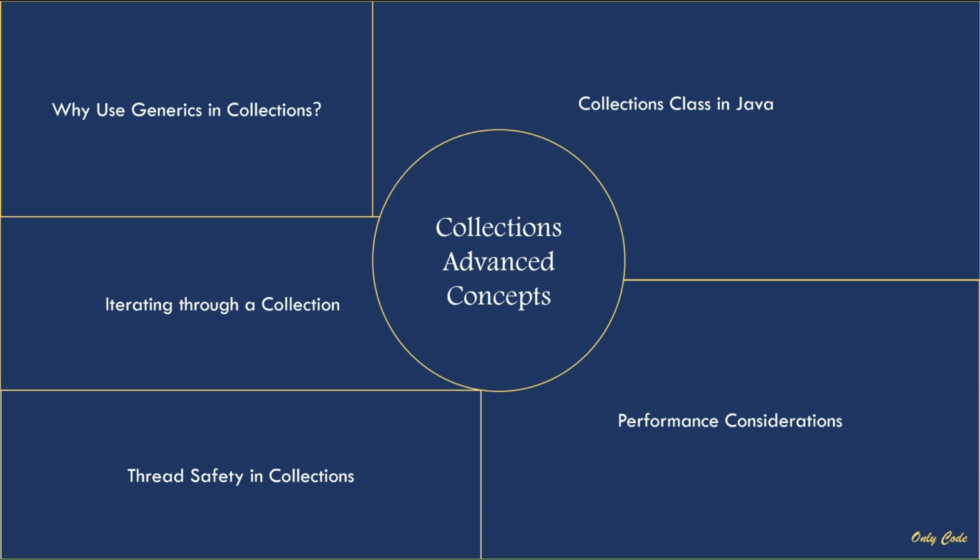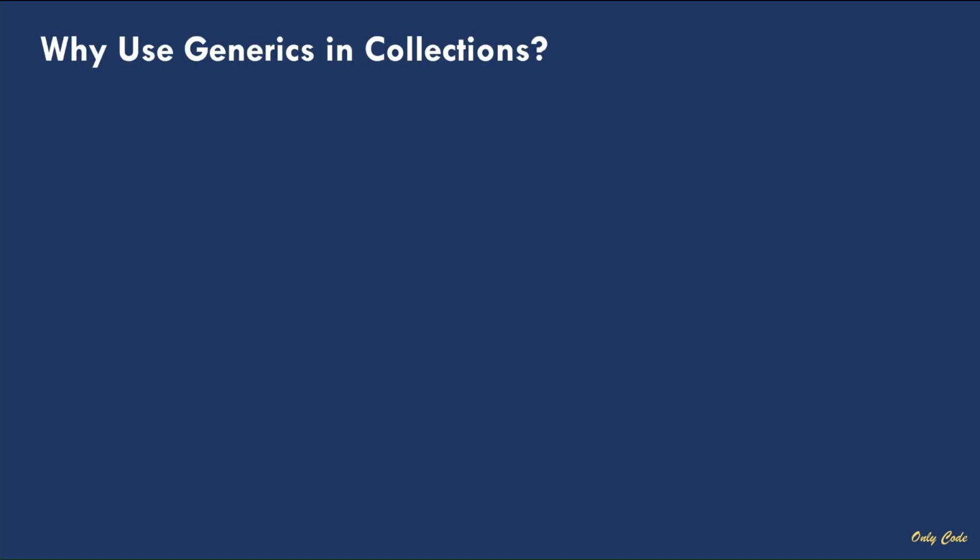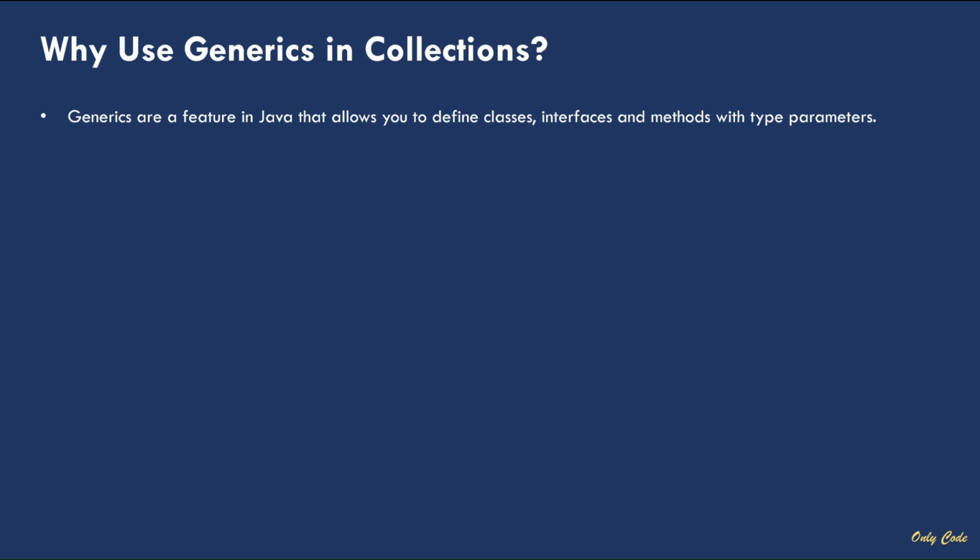Let's get started. Let us now look at the importance of using generics in collections. Generics are a feature in Java that enable you to define classes, interfaces, and methods with type parameters. This means you can specify the type of elements that can be stored or operated on within those collections or methods.